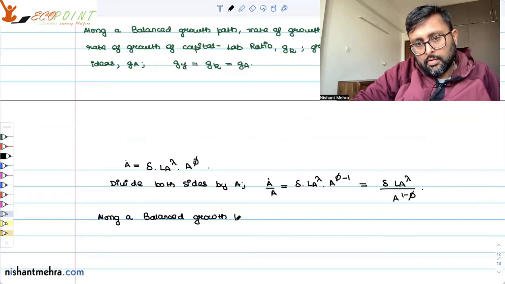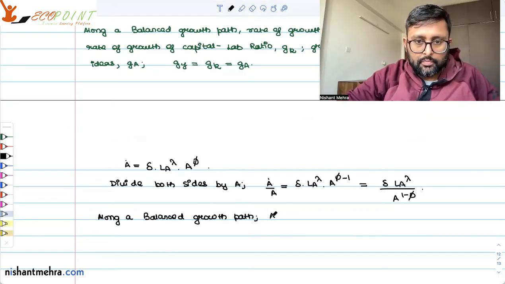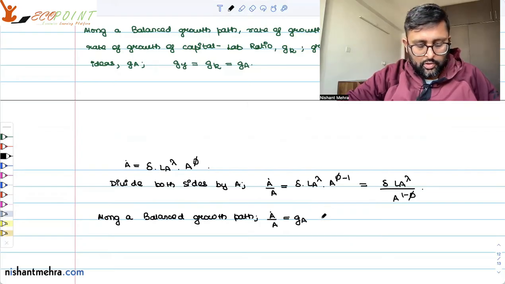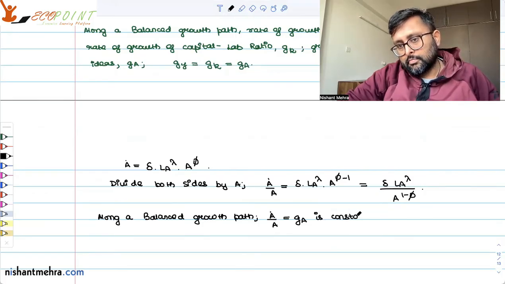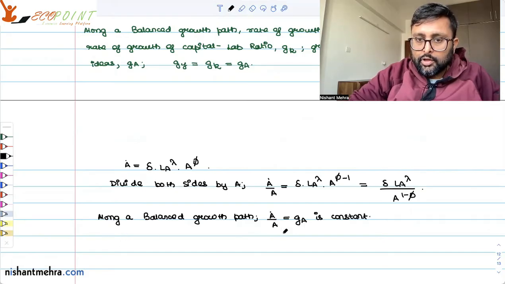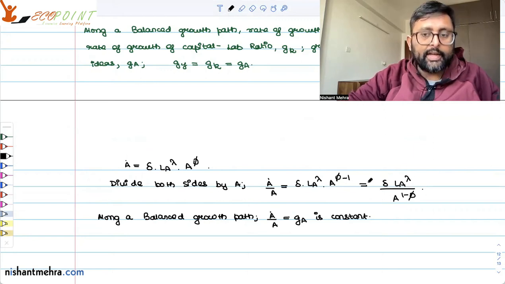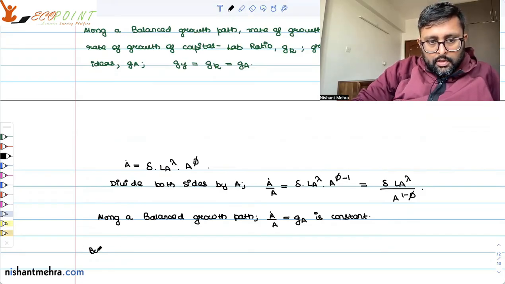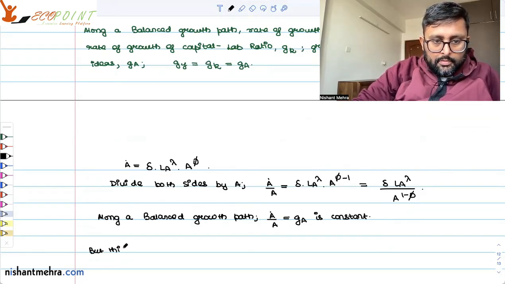Along a balanced growth path, A dot by A is G_A, constant. But you will have this thing as constant only if the rate of growth of numerator and the rate of growth of denominator are the same.